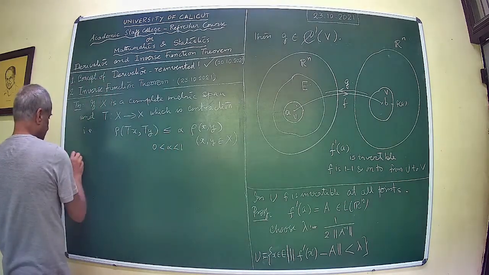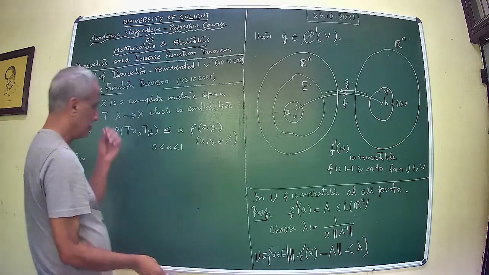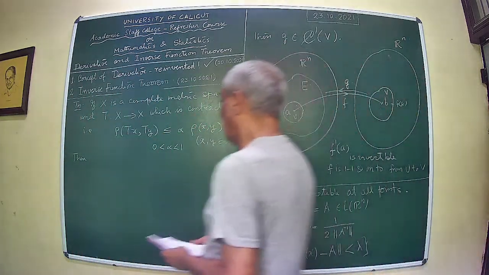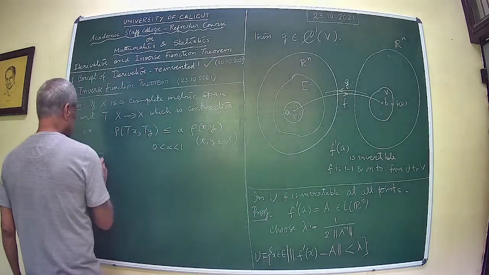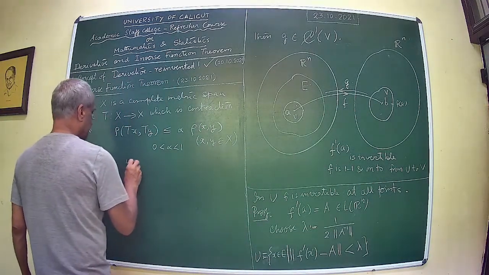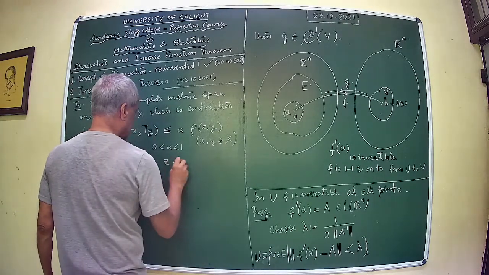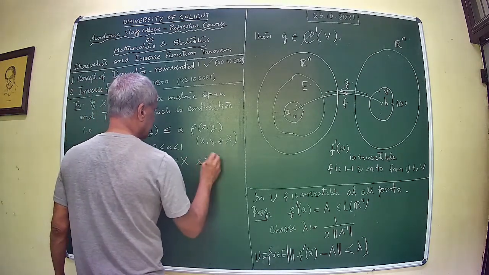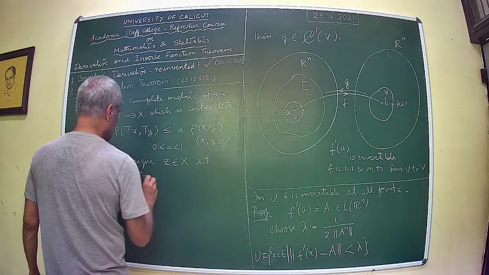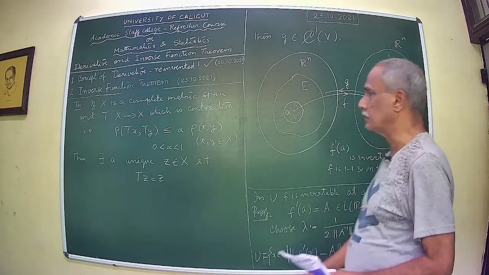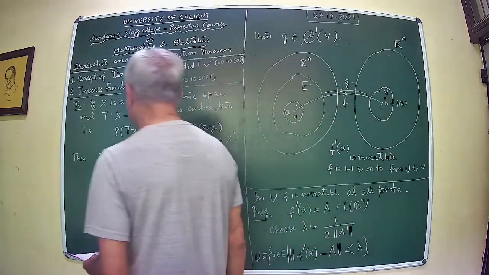Then there exists a unique z belonging to X such that Tz equals z, that is, z is called the fixed point of the map T.